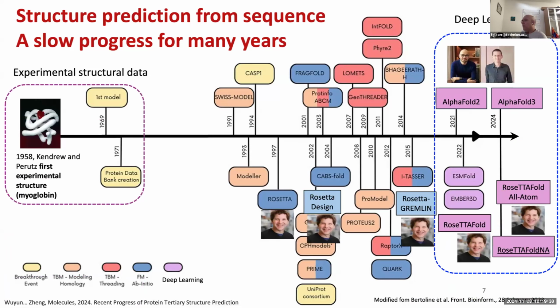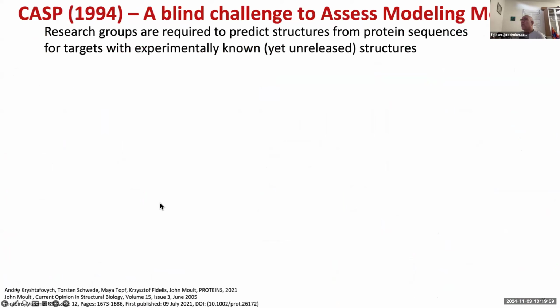On the way, many different methodologies were developed by David Baker, starting from Rosetta, the first ab initio prediction method, and during a long time, from the 1990s until today, there were successive improvements of the methods in order to get to the final solution, as I said. So I will try to describe the different methodologies.